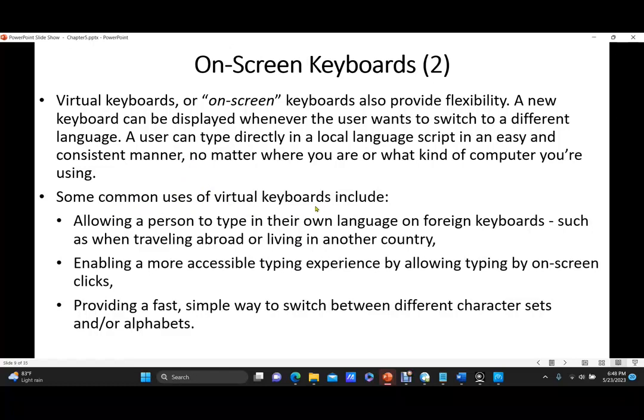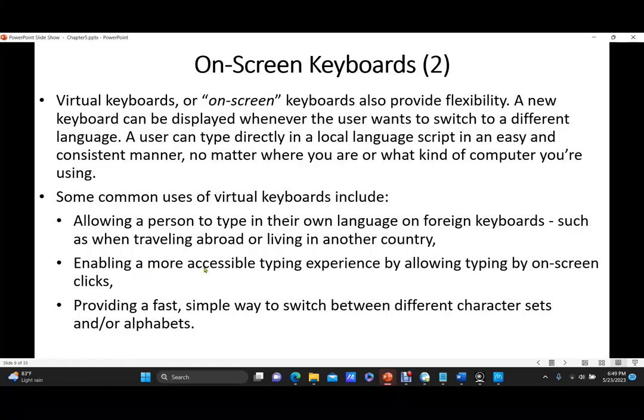Some common uses of virtual keyboards include allowing the person to type in their own language on foreign keyboards, such as when traveling abroad or living in another country. You can use your home language even on the foreign computer if it uses an on screen keyboard.